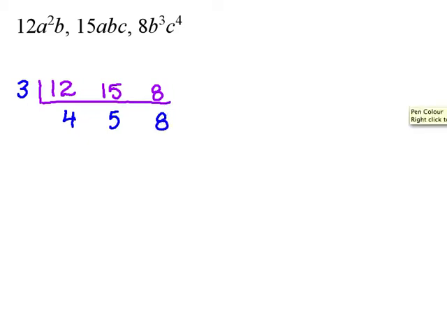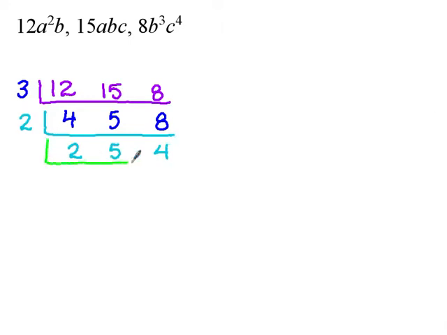Okay, is there anything else that will divide something? 4 and 8, what will divide 4 and 8? 2. So 2 goes into 4, 4 times. Okay, is there anything else? 2 goes into the 2 and 4 again. So I really could have taken a 4 out, but that's okay. So I have 1, 5, and 2.